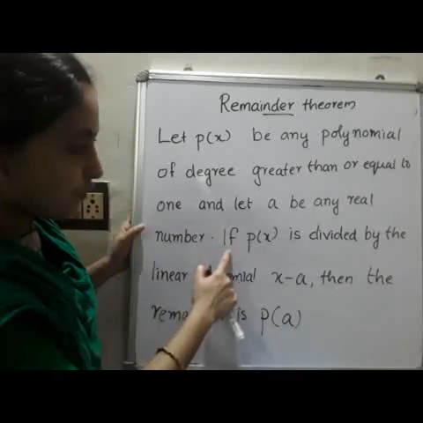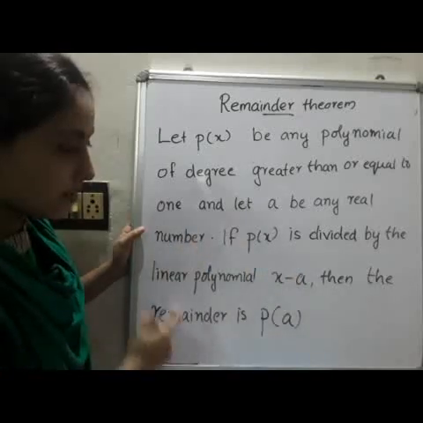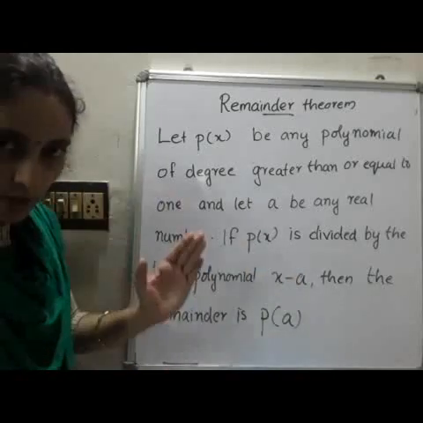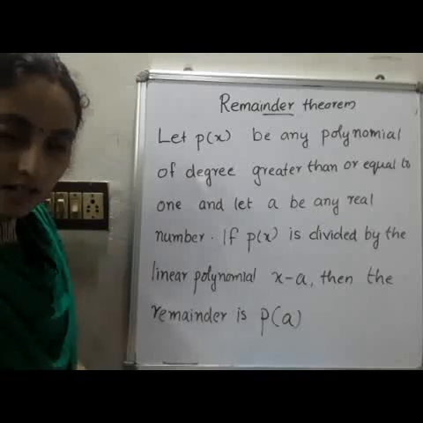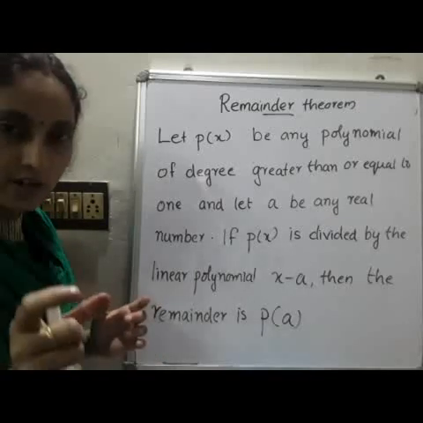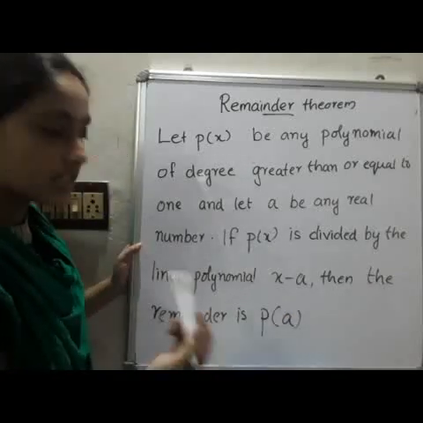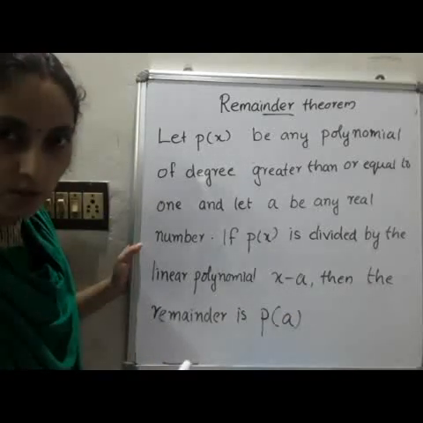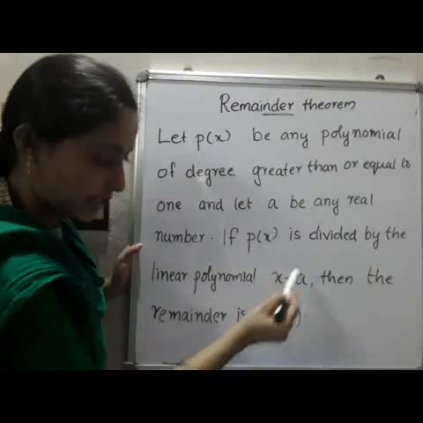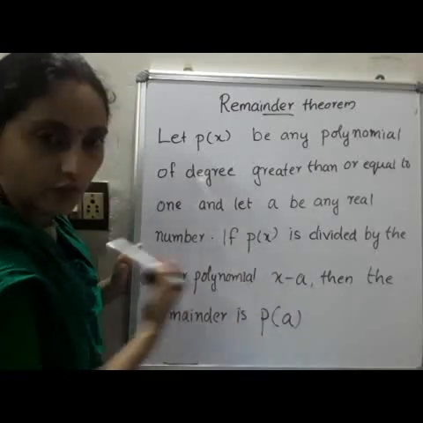Then, if P of x is divided by a linear polynomial x minus a, that is, the linear polynomial has the form x minus a, then the remainder is P of a.